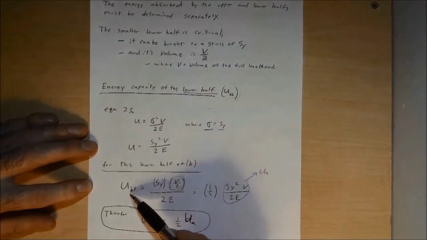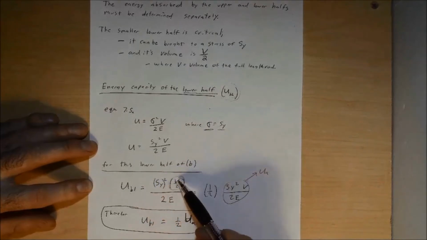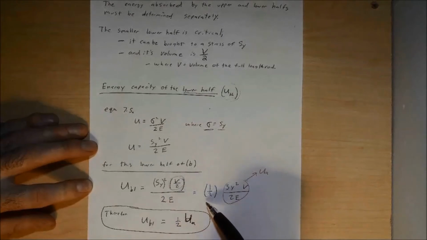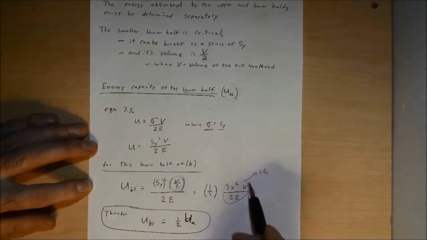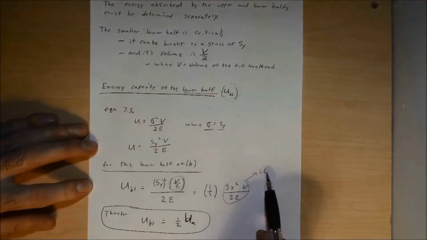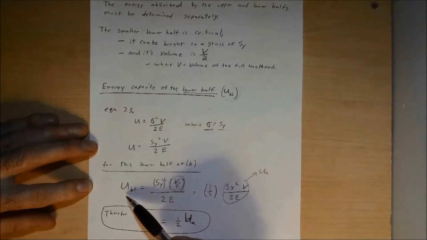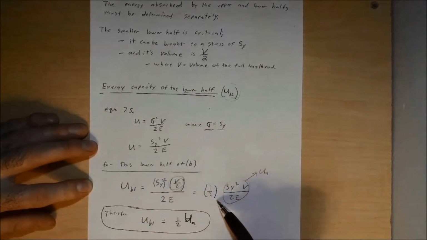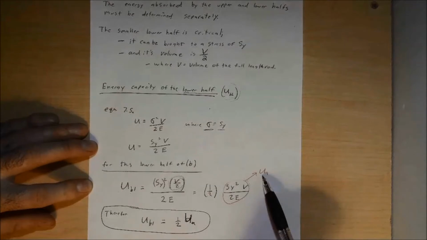So this U sub BL is equal to S sub y squared times V over 2 divided by 2E. I pull out a 1/2 here, and I end up with S sub y squared V over 2E. We recall this relationship is exactly what we solved for U sub A, for part A with uniform diameter. So therefore, the lower portion of part B is going to be 1/2 of what we solved for on U sub A.